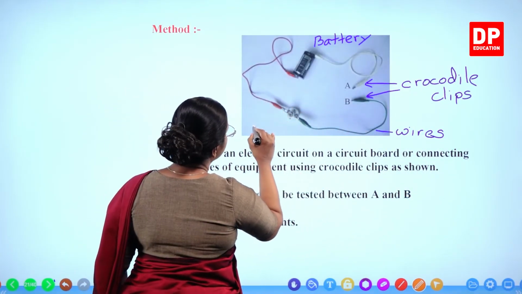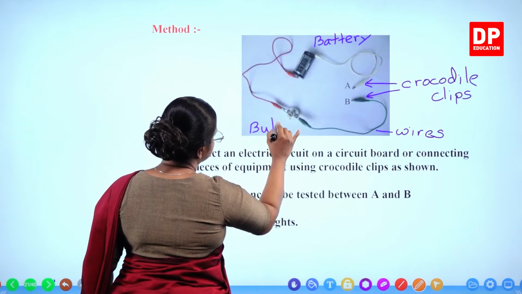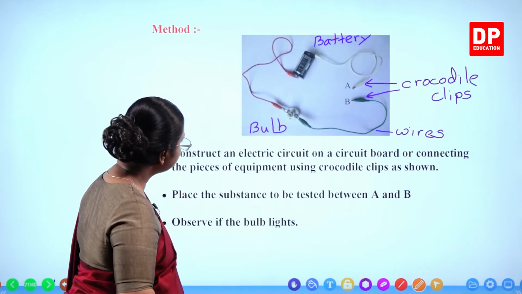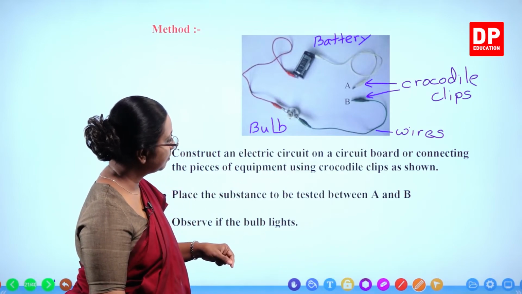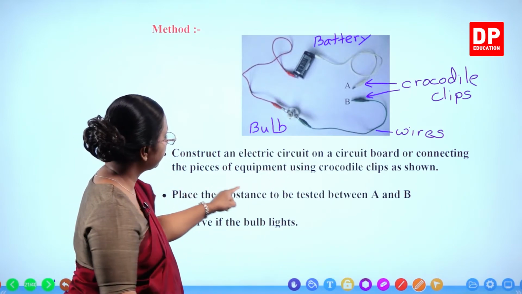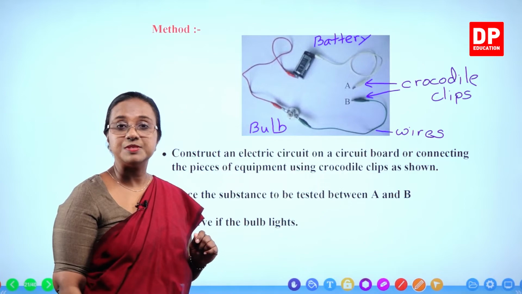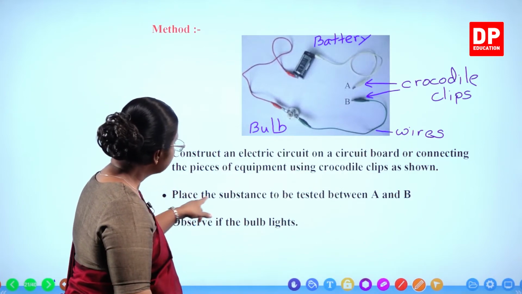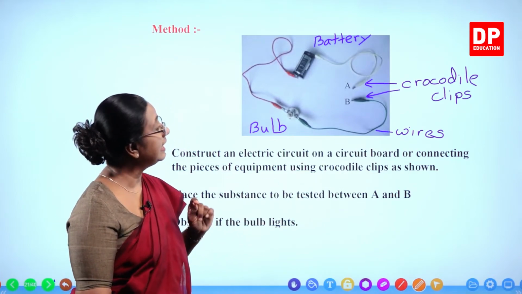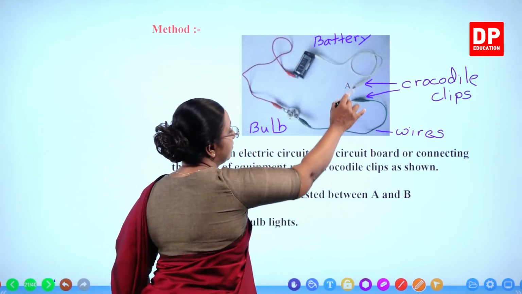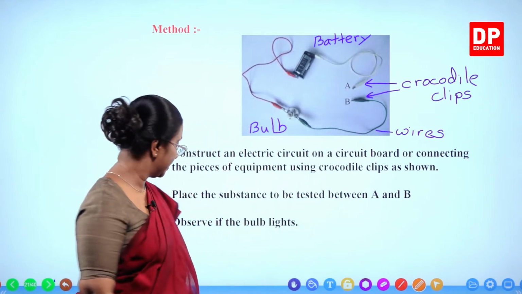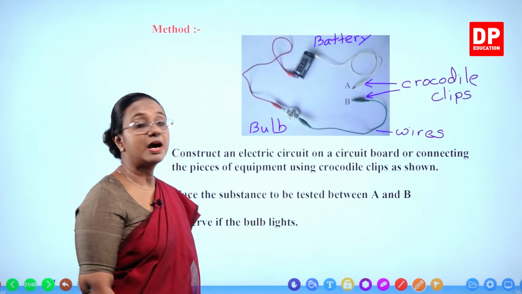Then here you have the bulb. So you construct an electric circuit on a circuit board, connecting the pieces of equipment using crocodile clips as shown. Place the substance to be tested between A and B. This is where we will be placing the substance and observe if the bulb lights.